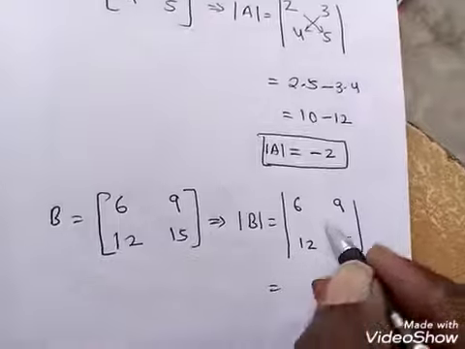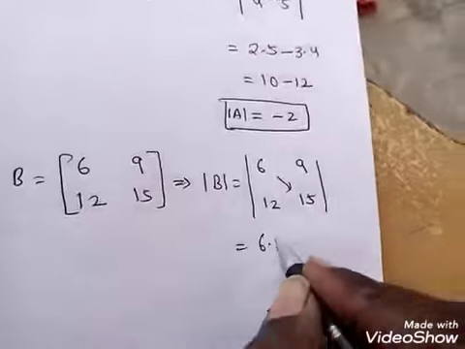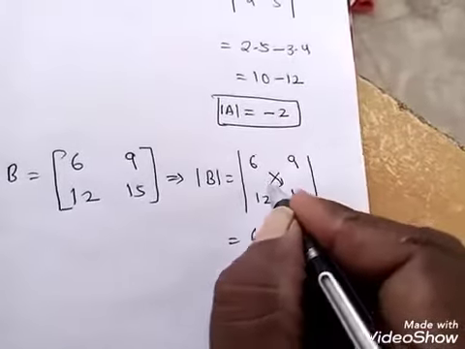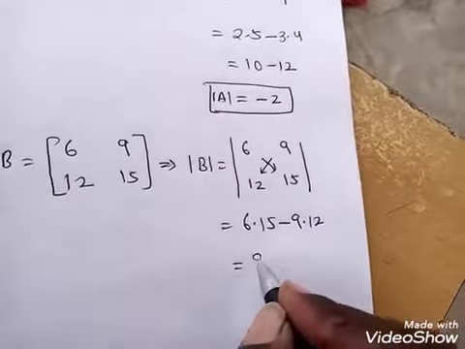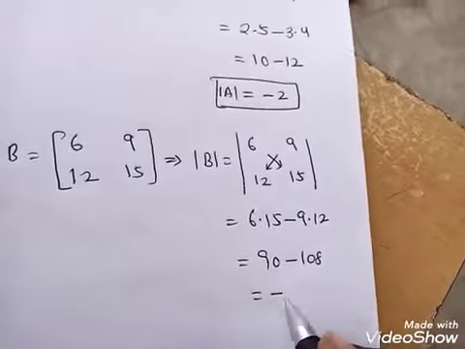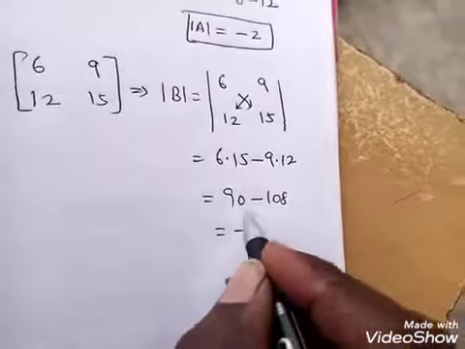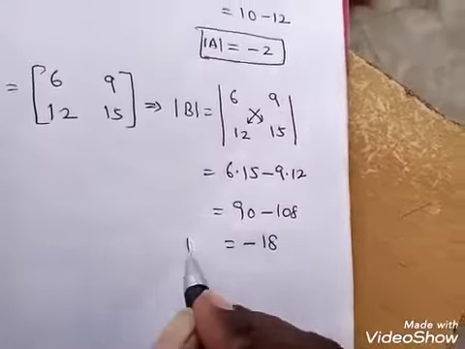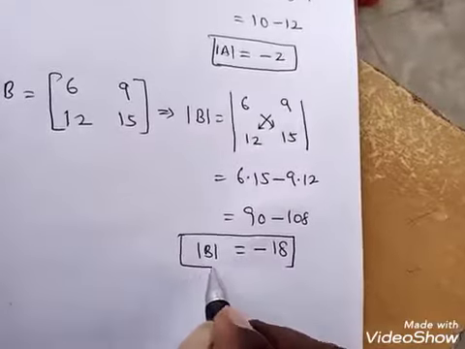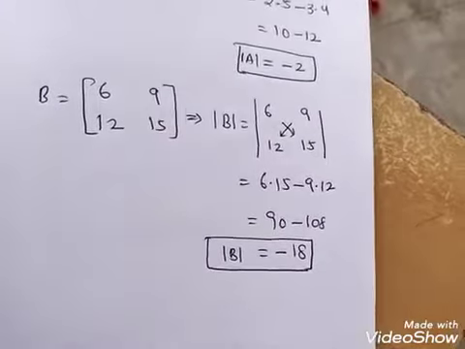This is nothing but again 6 into 15 minus 9 into 12. That is 6 fifteens are 90, 9 twelves are 108. You got minus 18. This is the det B. Now I am leaving space, I will come back for another bit here.